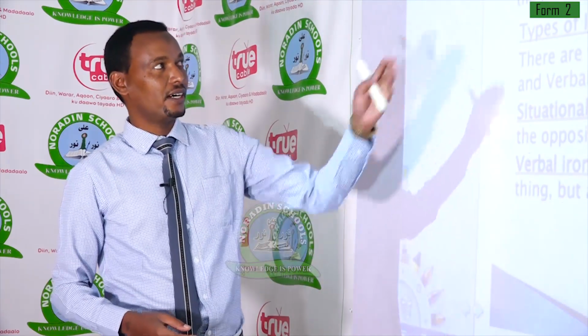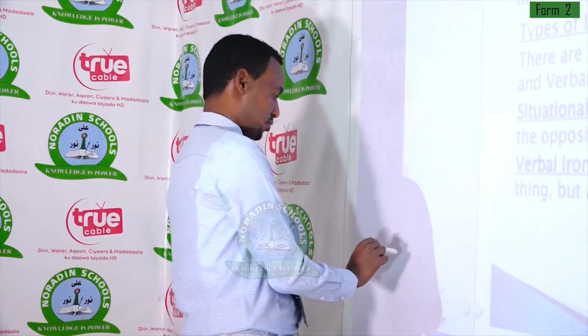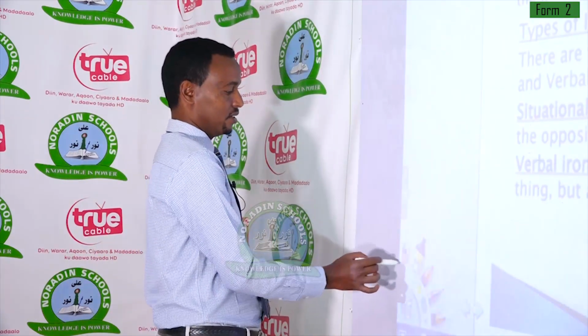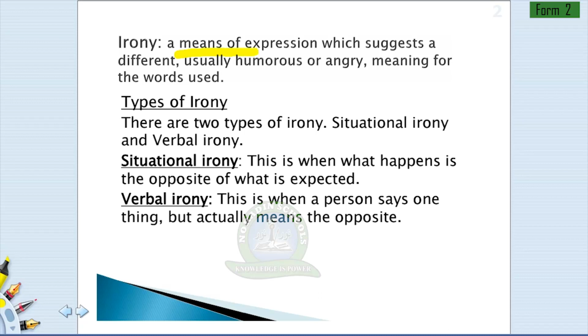We can say that irony is a means of expression which suggests a different meaning, usually humorous, that means something that makes you laugh or angry, because of the meaning of the words used. This is the description of irony.